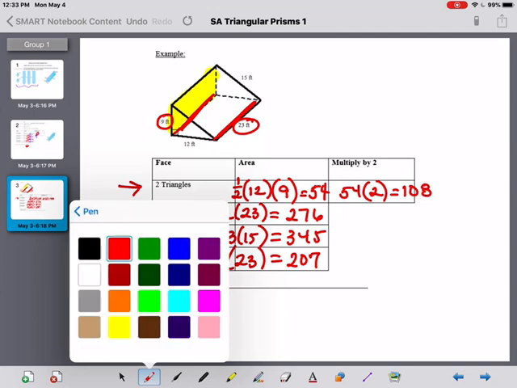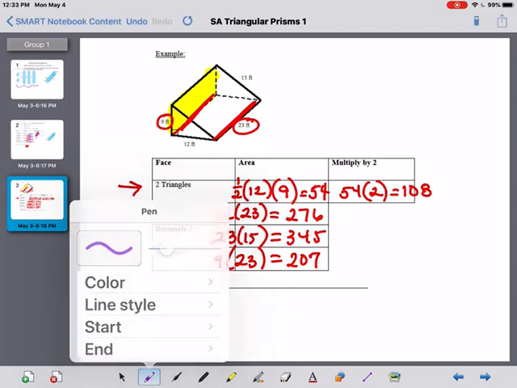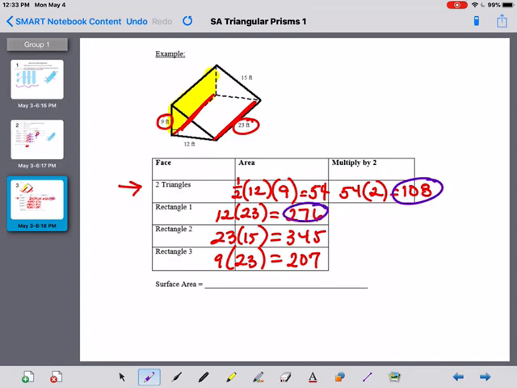Okay, so if I take all of those areas that I calculated, 108, 276, 345, and 207, I'm going to get a total surface area of 936 square feet.